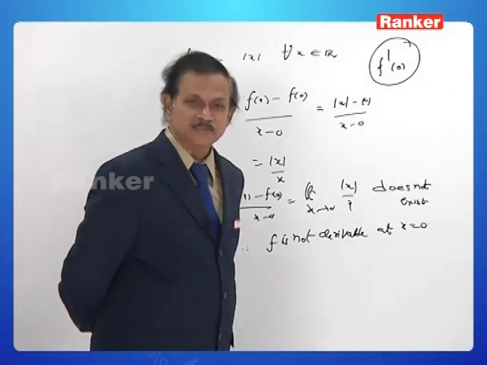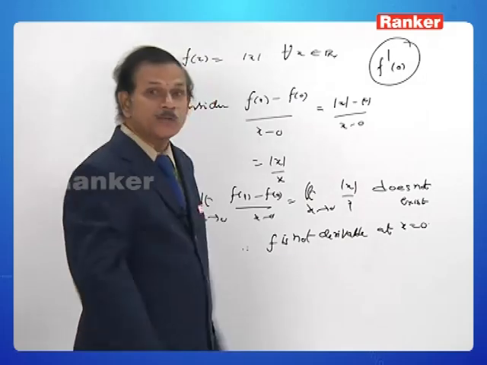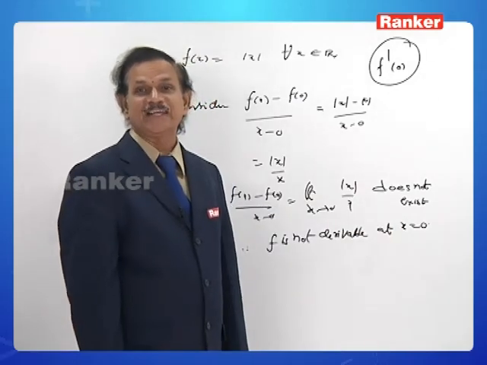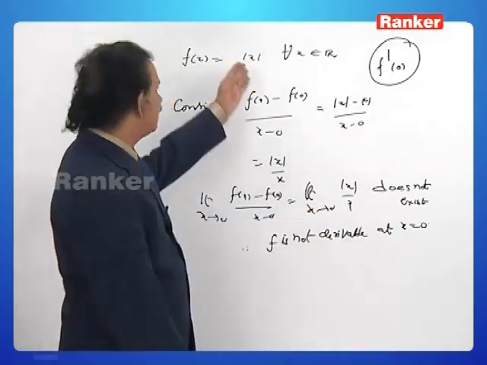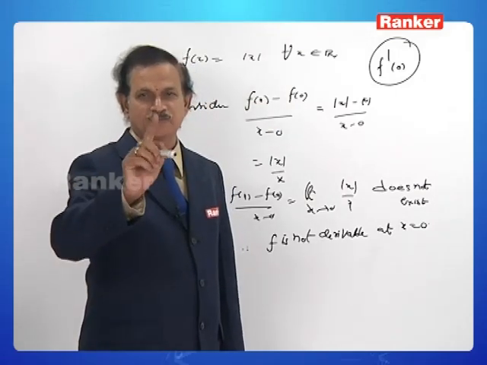Well, my dear, this is not just for the sake of the converse. This educates us; from this we can learn so many things. f of x equal to mod x is continuous at x equal to 0, not derivable at x equal to 0.